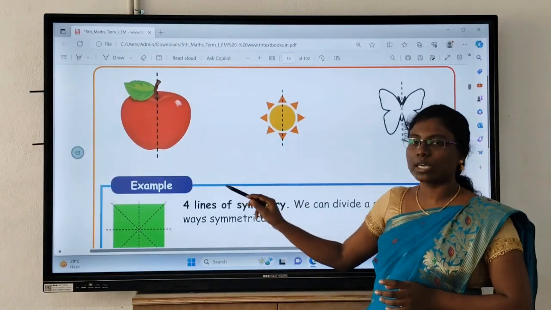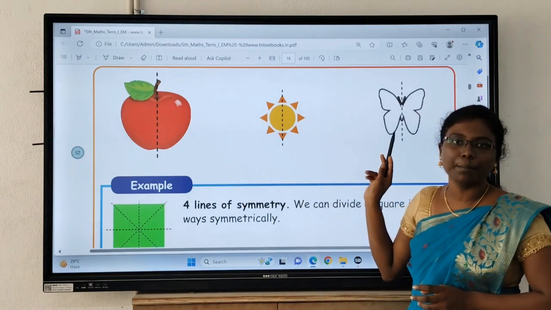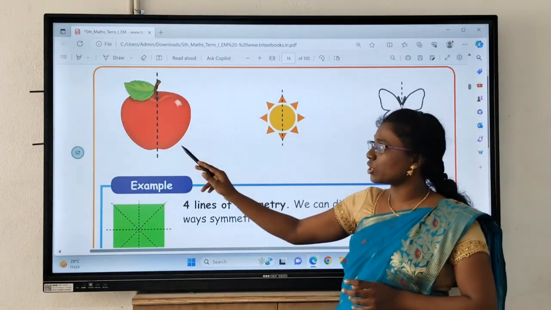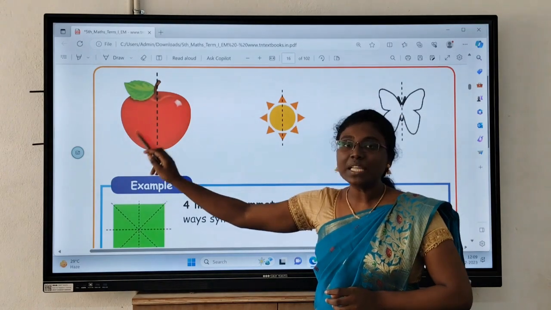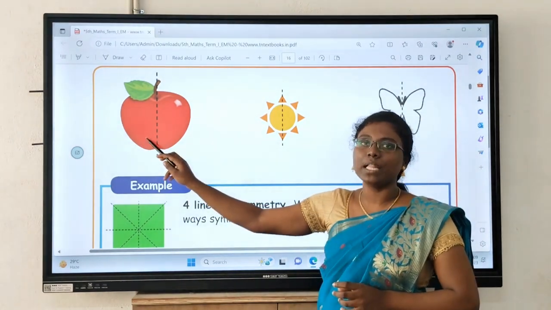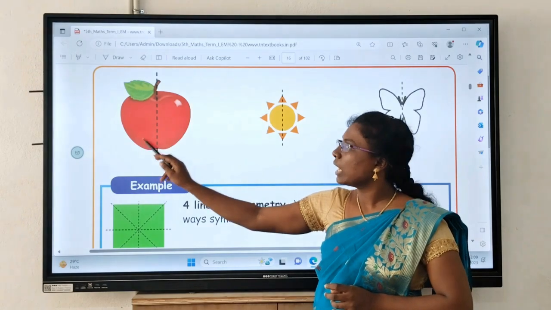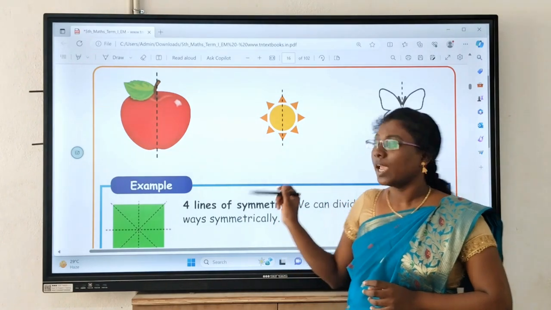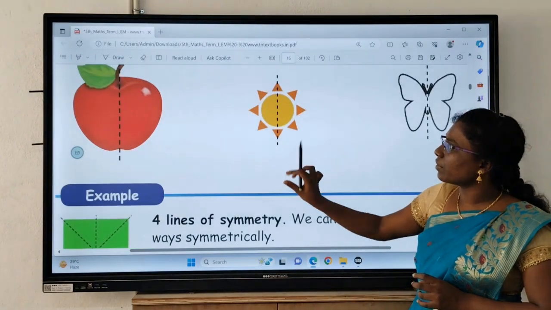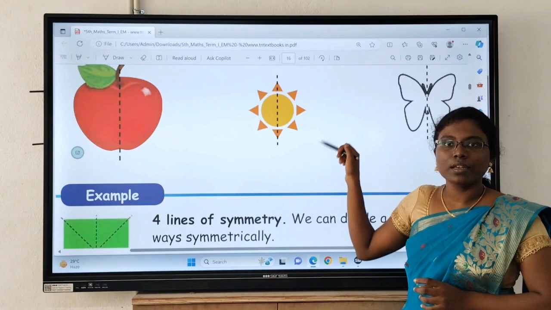Here in your book they have given 3 examples. First object, an apple shape. I have split this apple into 2 halves, so this line is called the line of symmetry. Next we have a sun.